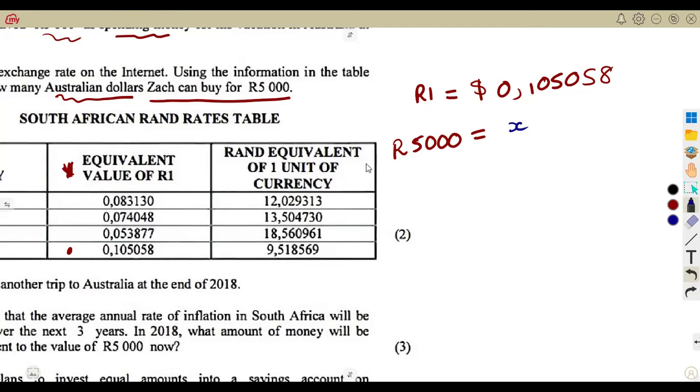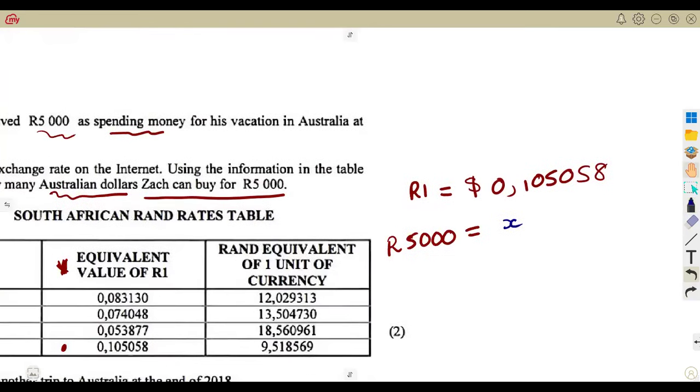Like I said, when dealing with proportion from our revisions, the way that you solve here is in your hands. You can take it like this: 5,000 over 1 is equal to X over this. You can solve the equation by cross multiplying.